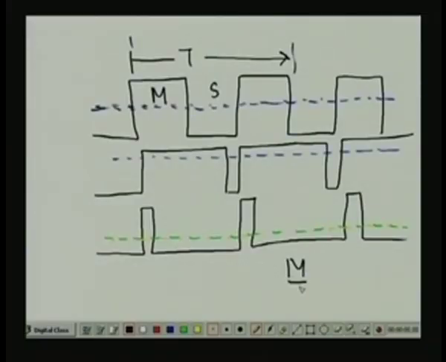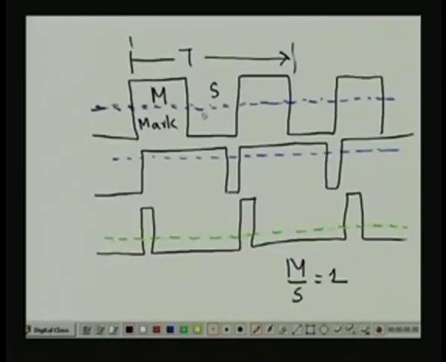If the mark to space ratio is 1, we call it a 50% duty cycle clock, right. If the ratio is not 1, we will call it something else, not the 50% duty cycle. M is mark and this is space, right.